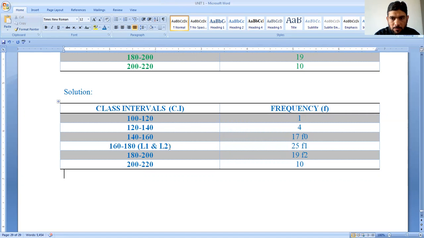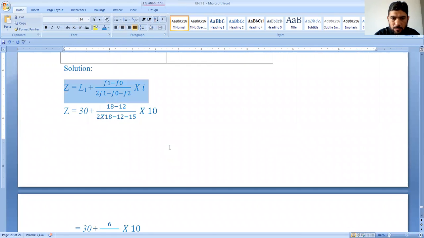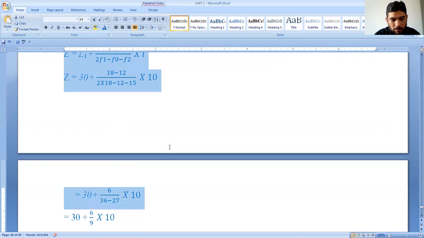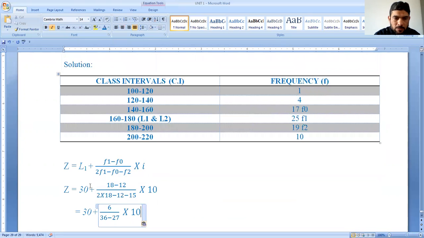Now we have to apply the formula. We have all the values: F1, F0, F2, and L1 and L2. For this I am taking the help of the previous formula and calculations, just editing these figures.